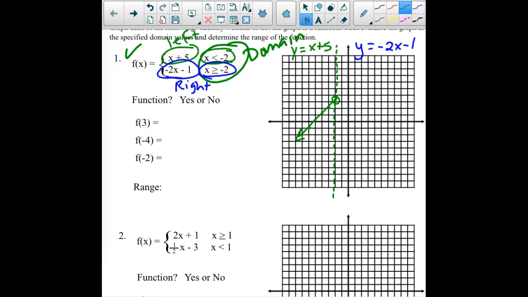For the blue one, on the right side, we want the equation y equals -2x minus 1. So where would we start? At -1 on the y-axis. And we want a -2 slope. So down 2 over 1. Can I go up 2 and back 1?